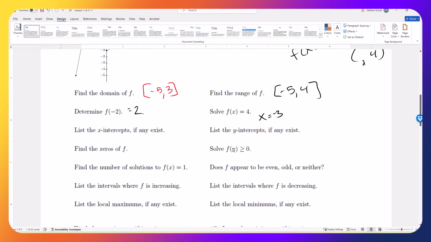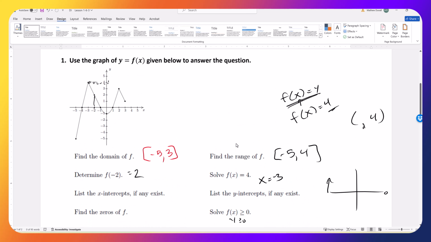Here's a nice one. Find where your function is greater than or equal to 0. So if we have our graph and we know that your y value is 0, f of x is y. It's saying where are your y values greater than 0? So looking at this graph here, this is all greater than 0. And so the values here, that would be between -4 and -1.